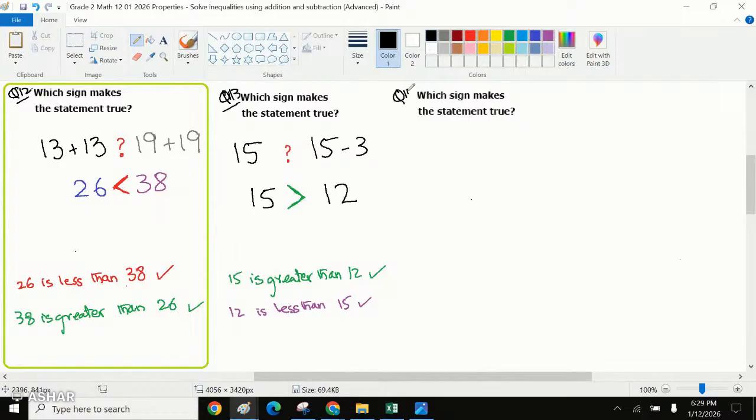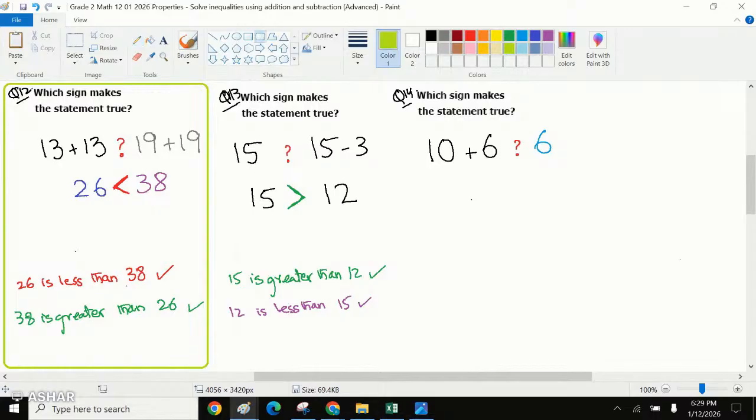Question number 14. The next question states that after this, we'll do some questions from the test. Okay. Let's do this. 10 plus 6 with a missing sign and 6.